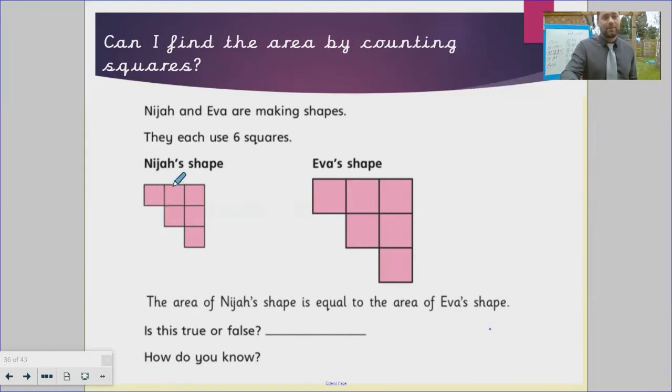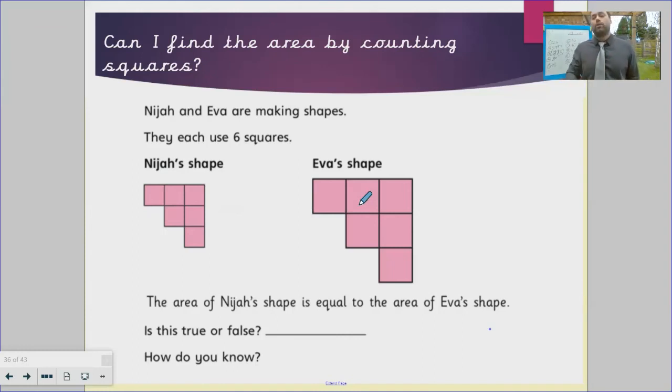So Naya's shape is 6 squares, and Ava's shape is 6 squares. If we were talking about the shape in squares, they both have the same area because they both have 6 squares in them.